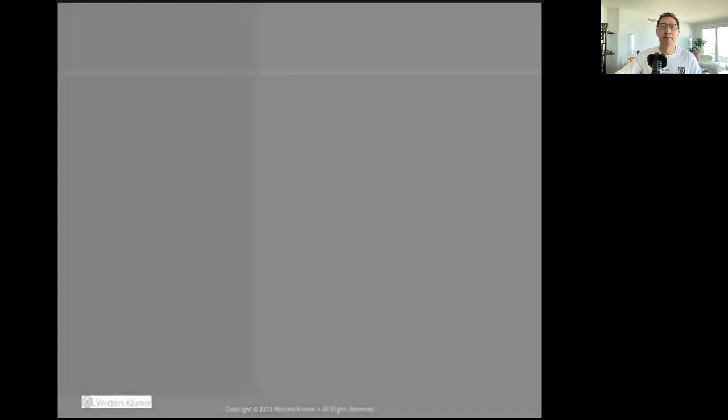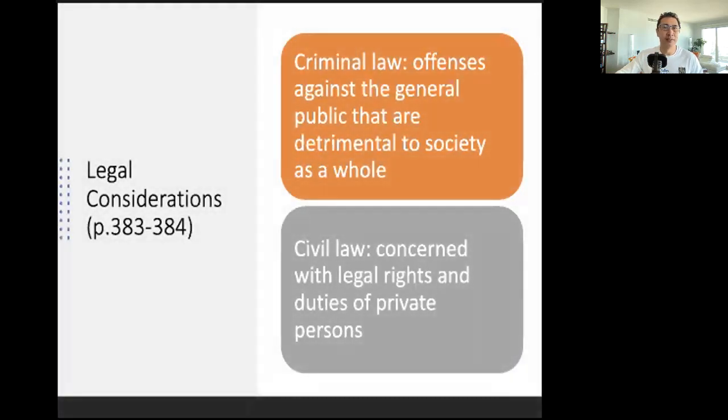Next, legal considerations. Yeah, you can kind of go to jail if you don't do your job. I don't know how else to say that. Because when I looked this up, I looked up nurses who went to jail.